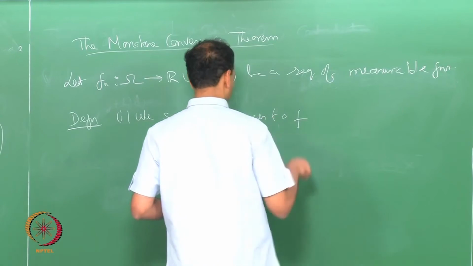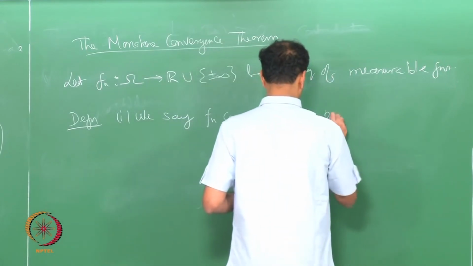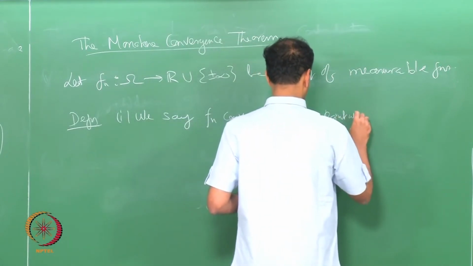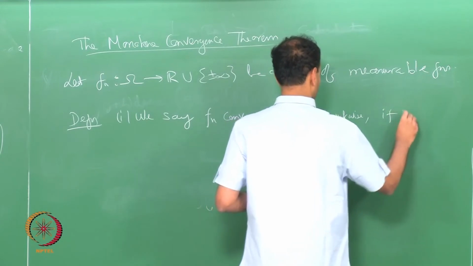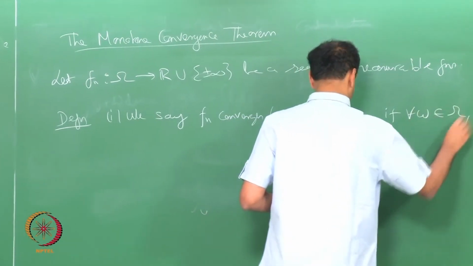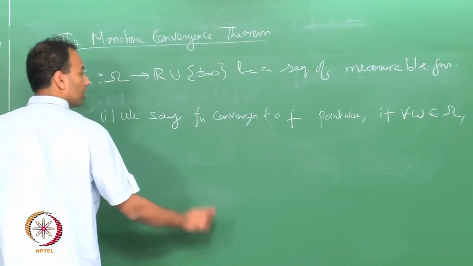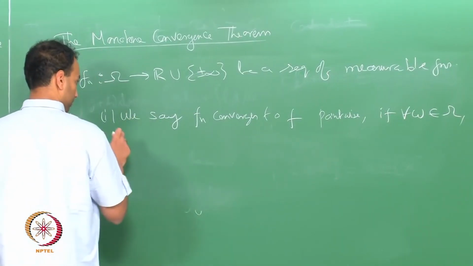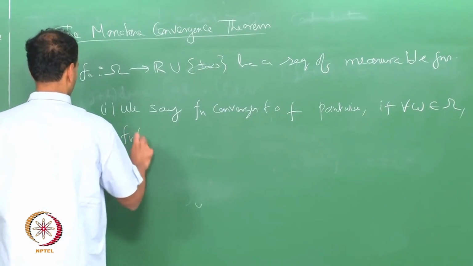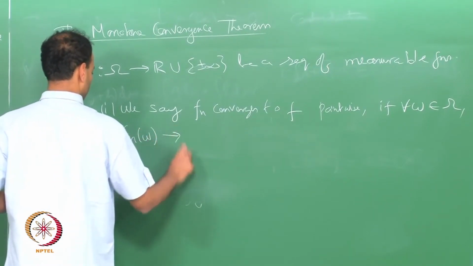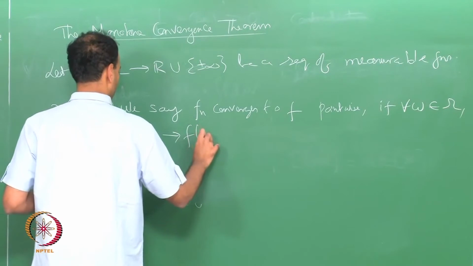We say f n converges to f pointwise if for all omega in omega, f n of omega converges to f of omega.